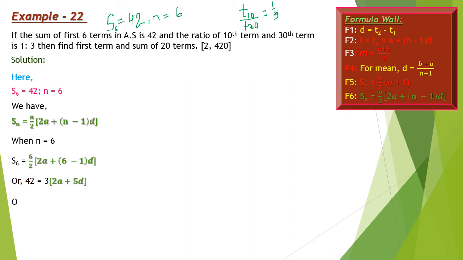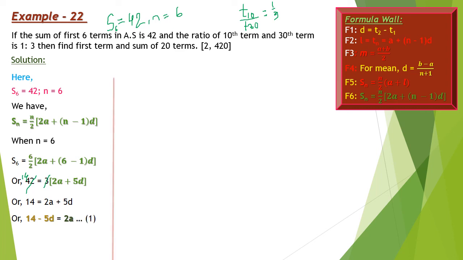Now we can cancel 3 and 42, 14 times, or 14 minus 5d is equal to 2a. We'll just leave it as it is. Equation 1.